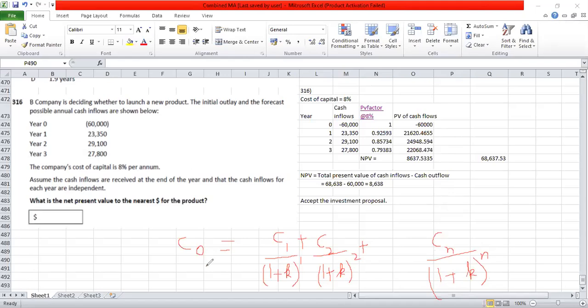IRR says that at what rate, when the cash flows are discounted, the sum total of all the cash flows is equal to the cash outflow. The sum total of the cash inflows when discounted at K percentage should be equal to cash outflow.